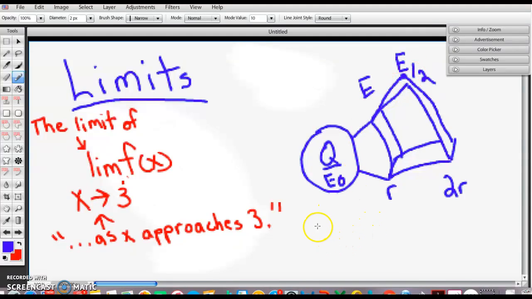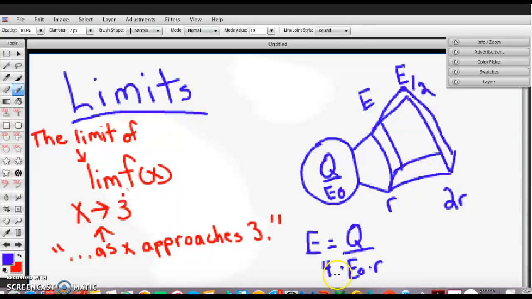And that equation is the electric force equal to a charge divided by the constant times R times 4 pi, because we said that an electric field extends out in a sphere.